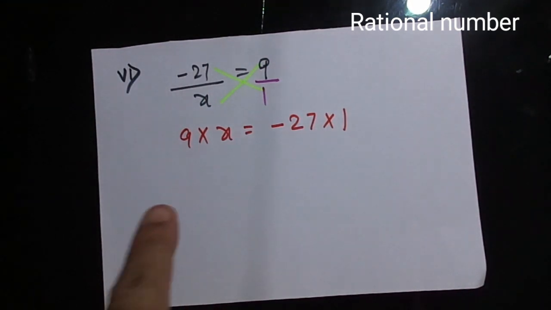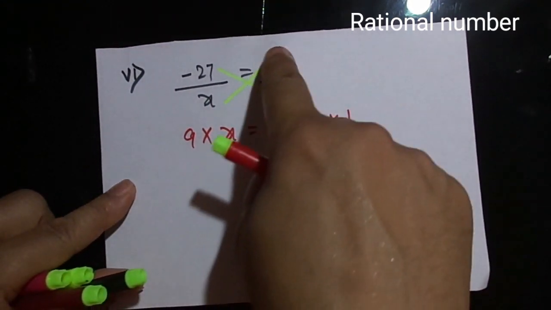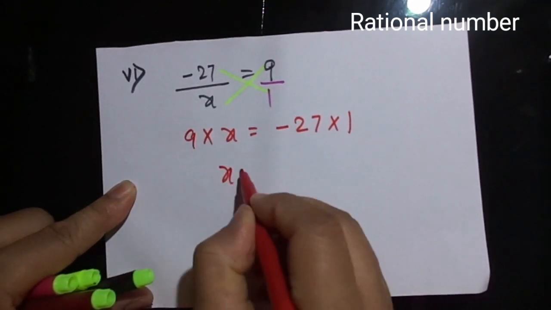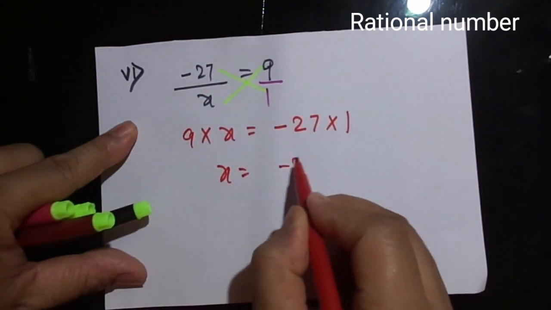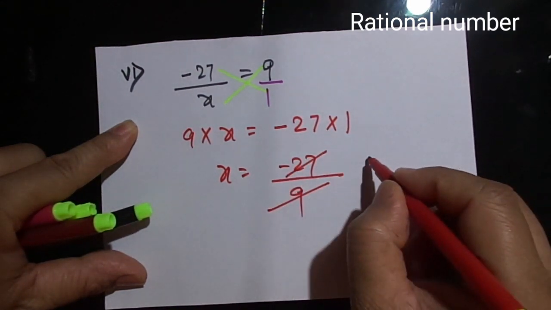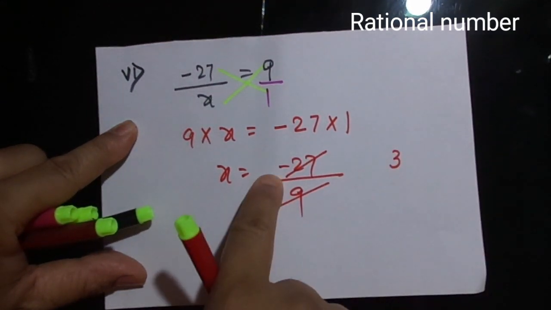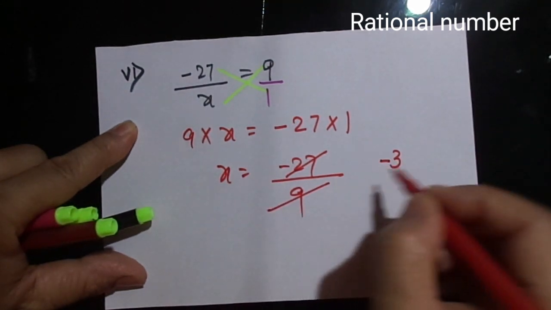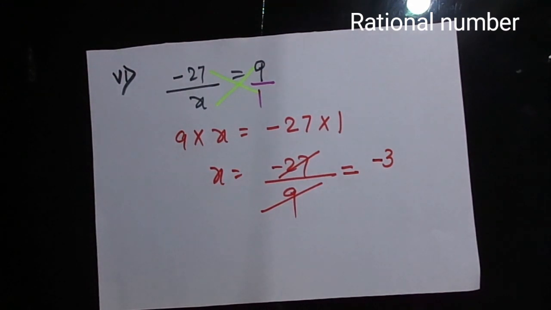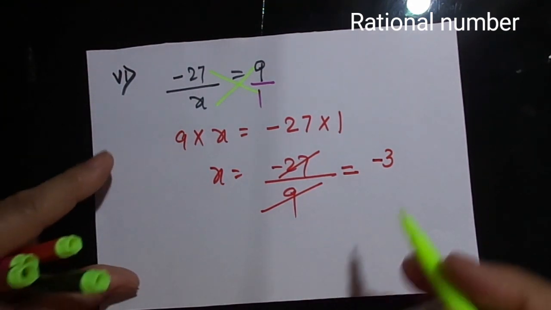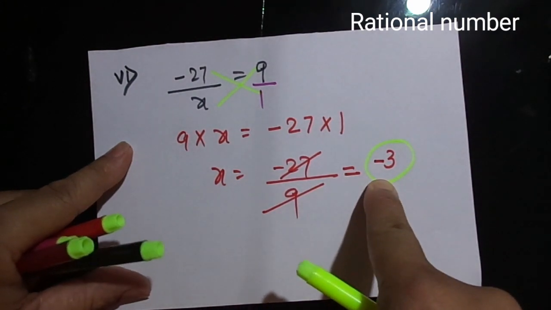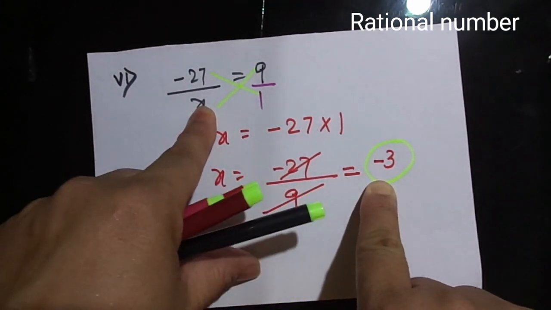Try to multiply the numbers having the variables first. So here x will be equal to minus 27 by 9. 9 3 times. A minus sign is over here, so minus will be given over here. Clear?